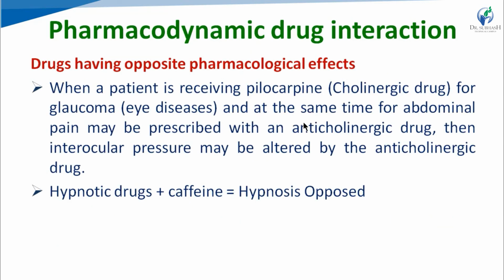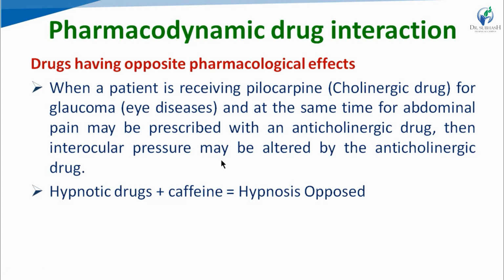Then drugs having opposite pharmacological effect. When a patient is receiving pilocarpine, that means a cholinergic drug, for glaucoma, that is an eye disease, and at the same time for abdominal pain may be prescribed an anticholinergic drug, then intraocular pressure may be altered by the anticholinergic drugs.